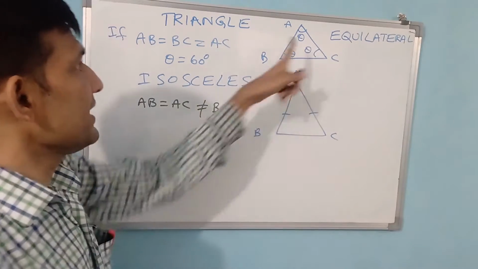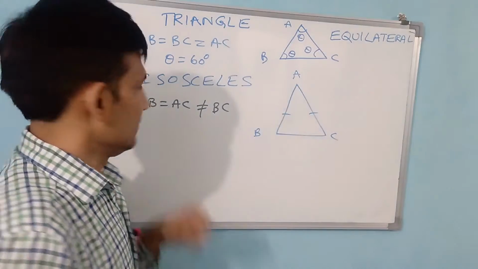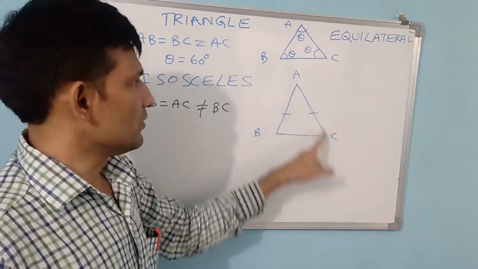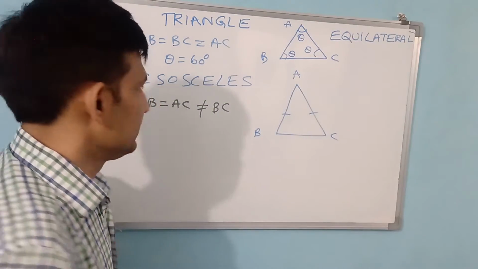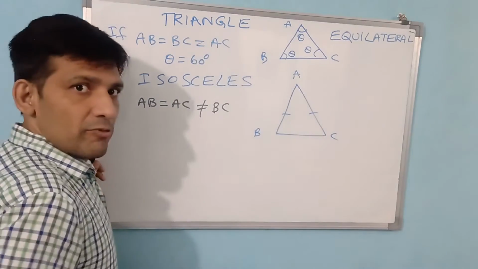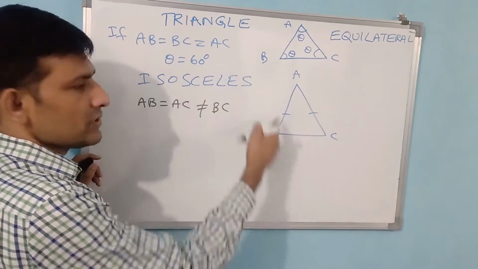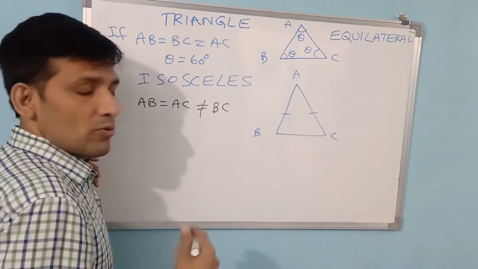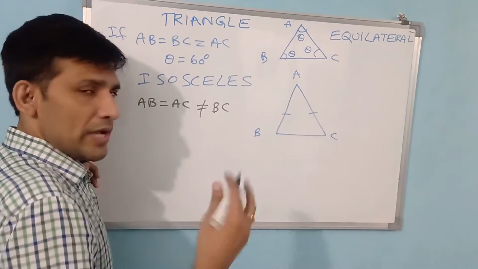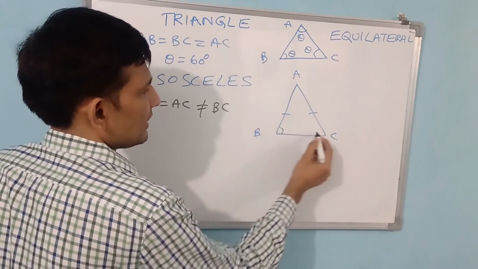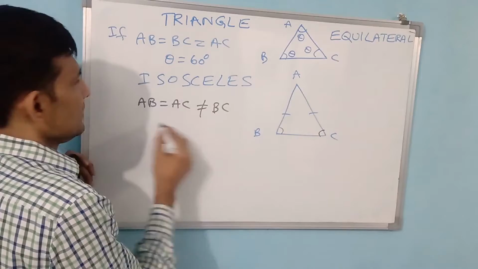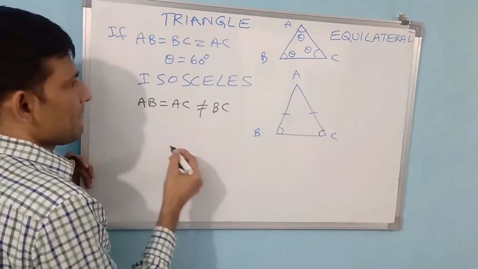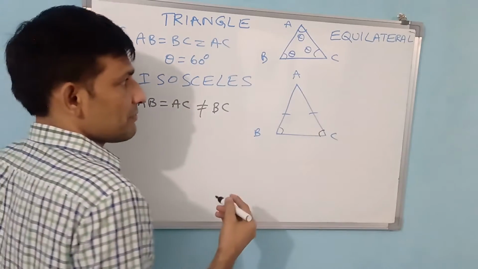If equal to BC, again it comes to equilateral. Okay. AB is equal to AC, but not equal to BC. Two sides will be equal. That is the property of an isosceles triangle. Then what about the angles? Naturally, two angles will be equal. Okay. Angle representation also I will tell you.